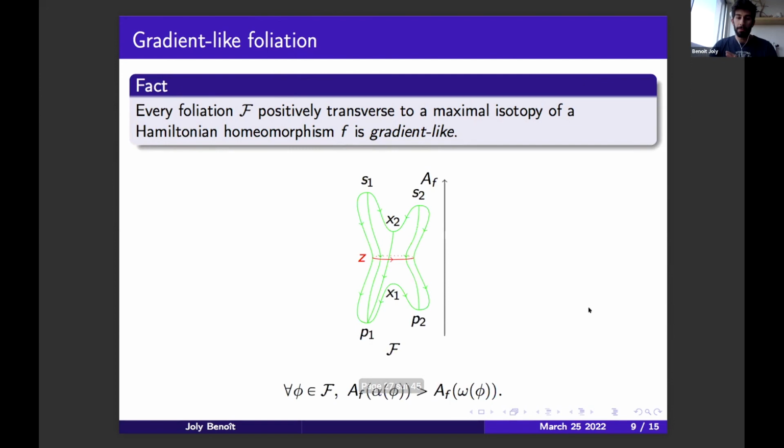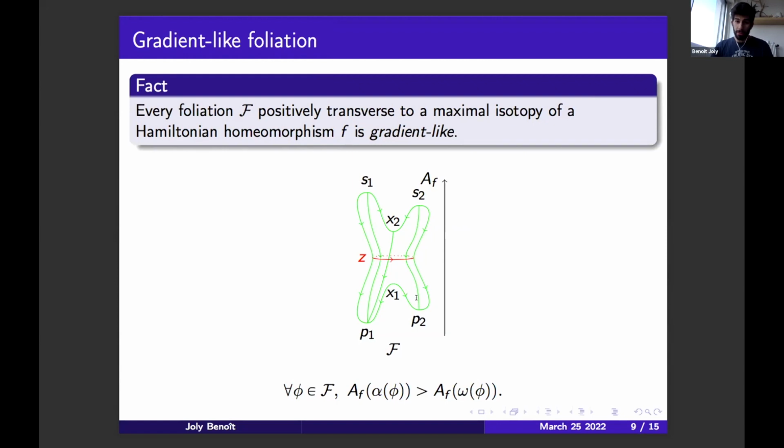And an important fact is that the action functional is actually decreasing along the leaves of the foliation. So be careful: here, the action functional is not defined everywhere. It's only defined on the critical points and the singularities of the isotopy. But since the foliation is gradient-like, we can really represent the foliation as a gradient of a Morse function.